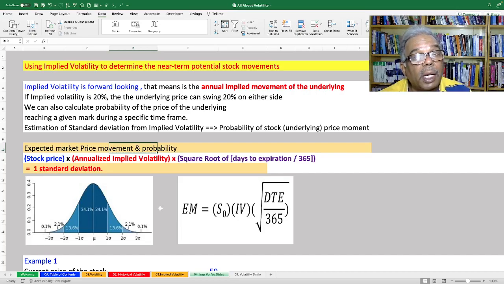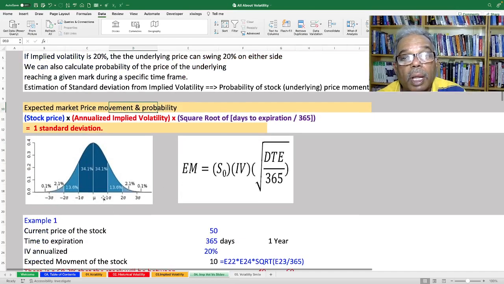So implied volatility is forward looking. That means it is an annual implied movement of the underlying. If the implied volatility is 20%, that means the underlying price can swing 20% either side. So we can also calculate the probability of the price of the underlying reaching a given mark during a specific time, if we know the time to expiration and we can estimate the standard deviation with the use of implied volatility.